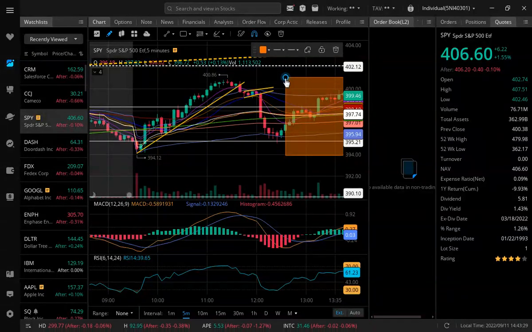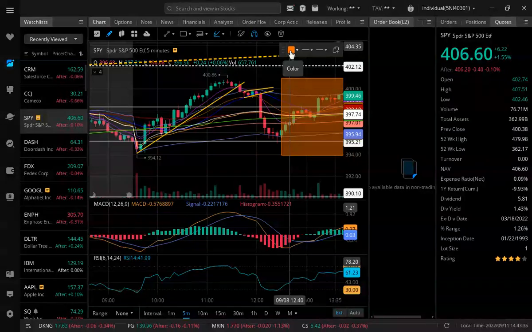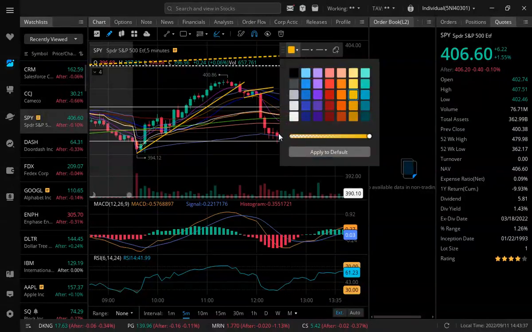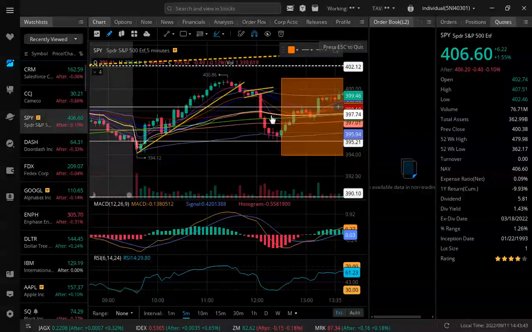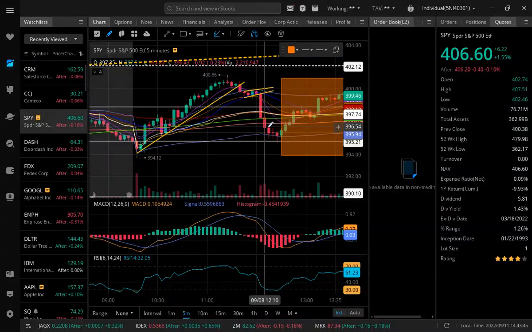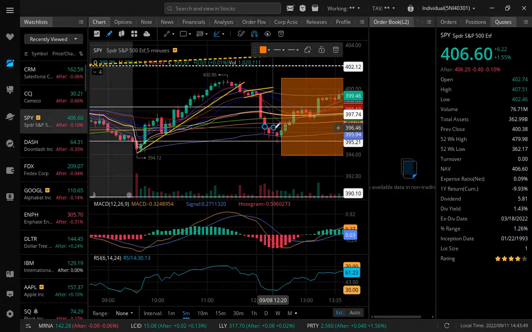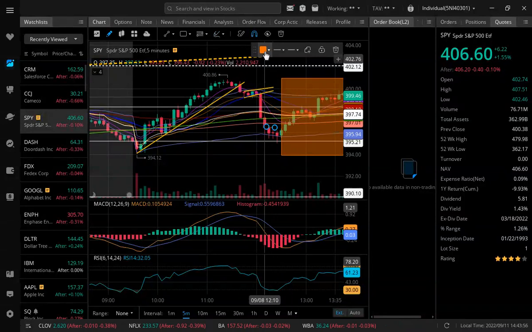So what we want to do is wait for the price to break this high where it started consolidating.